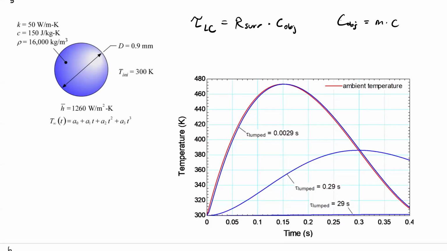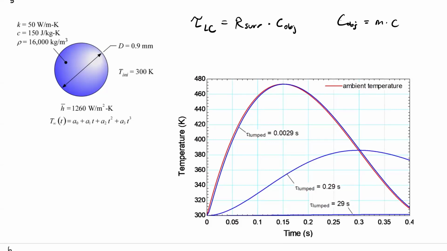Resistance to the surroundings high, slow heat transfer to the body, and C of the object is high, high specific heat. That's going to respond really slowly. So we might look at this line at the very bottom. We see tau lumped is 29 seconds. Well, if our period of oscillation is less than a second, it's really going to take a long time to respond, and you see it happening there.